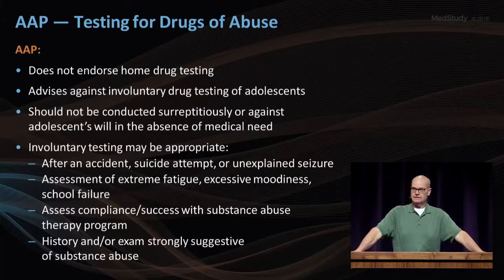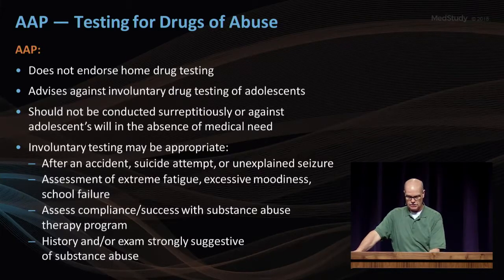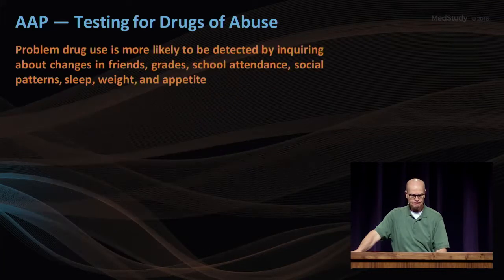And involuntary testing, here are the exceptions, and at times may be appropriate after an accident or suicide attempt or unexplained seizure, a major change in school performance, and the like. But in general, your answer is no drug testing at home and no drug testing without the adolescent's knowledge, with the specific exceptions that are listed here.